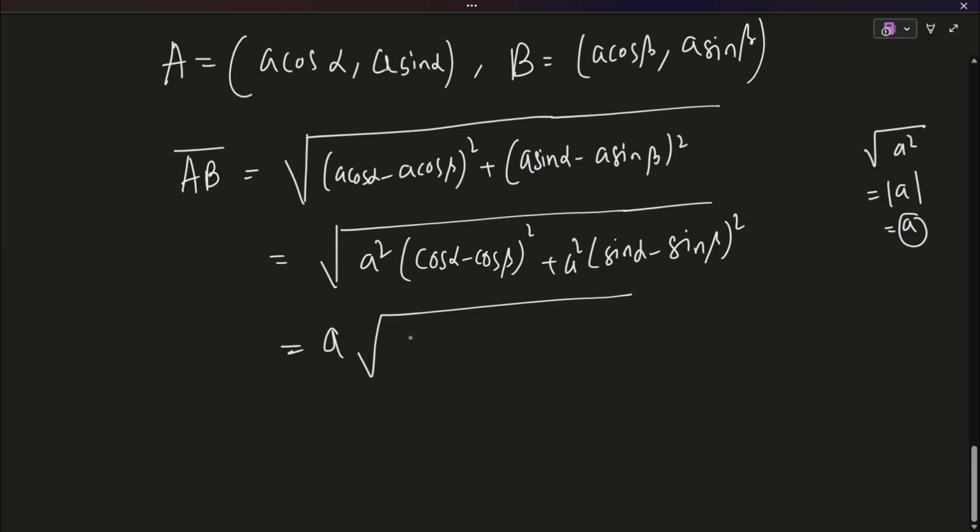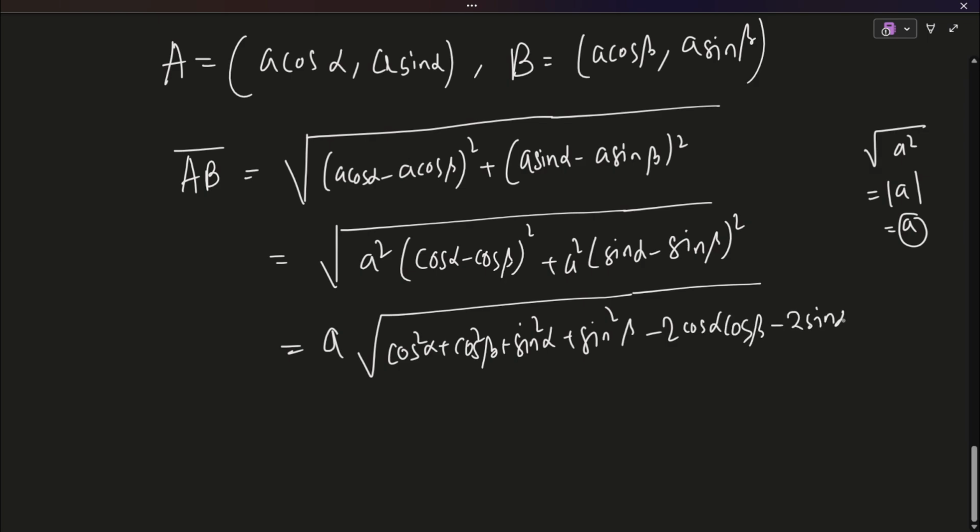We can break it down, and we will get a bunch of terms like this: cos square alpha plus cos square beta plus sine square alpha plus sine square beta. And we'll also get the two AB terms like this: minus 2 cos alpha cos beta minus 2 sine alpha sine beta.